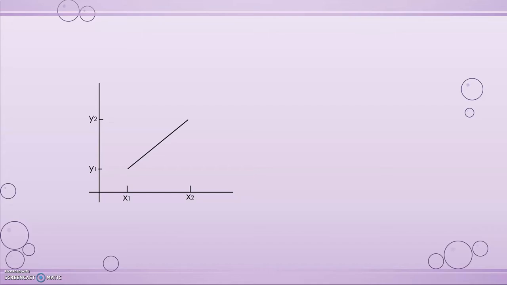Now, we can determine the values for the slope m and y-intercept b with the following calculations. The slope m can be defined as (y2 - y1) divided by (x2 - x1), and the y-intercept b is equal to y1 - m * x1, which we calculate from the straight line equation y = mx + b.